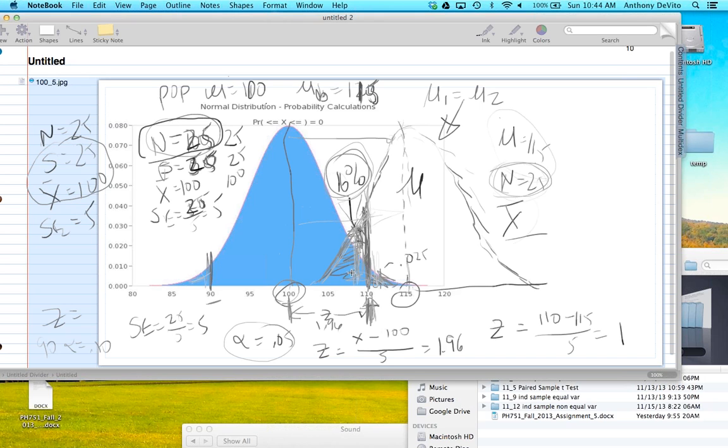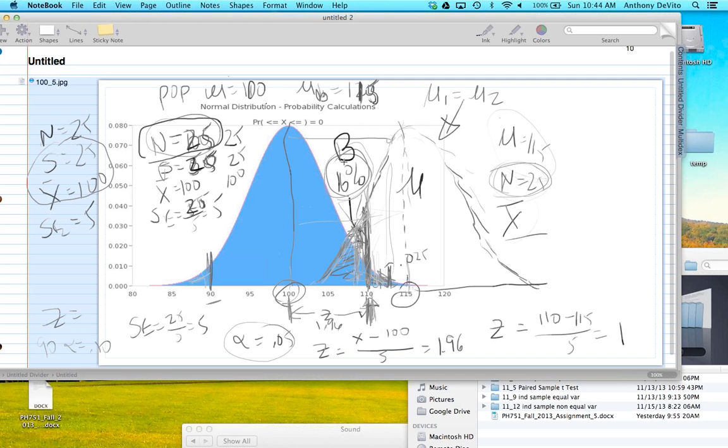So one way I can reduce my chances of not rejecting the null hypothesis when I should, my beta error, is by increasing my alpha error. Increasing my alpha error makes it more likely I'll get a sample that is greater than what I need to reject. Okay, that's really what this idea of beta error and alpha error is all about.